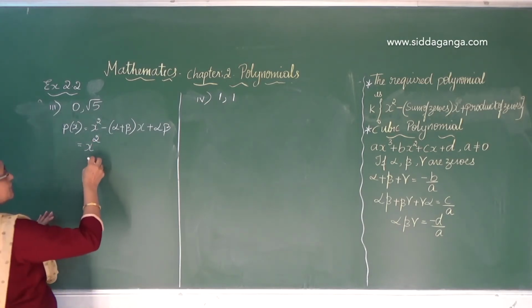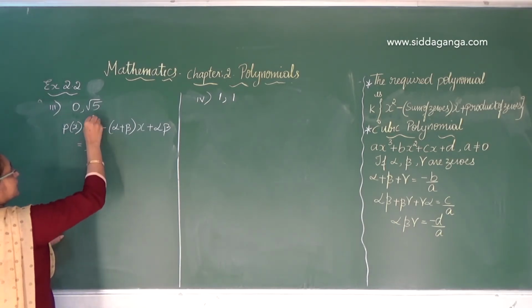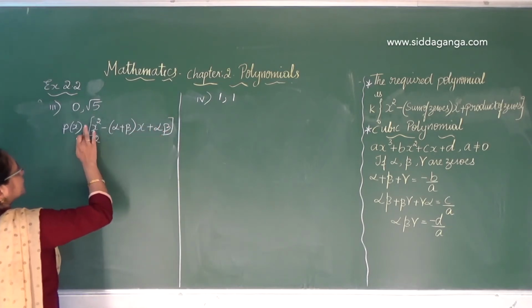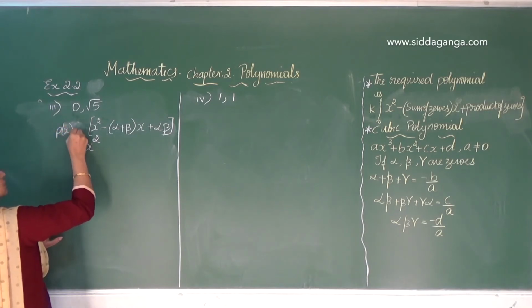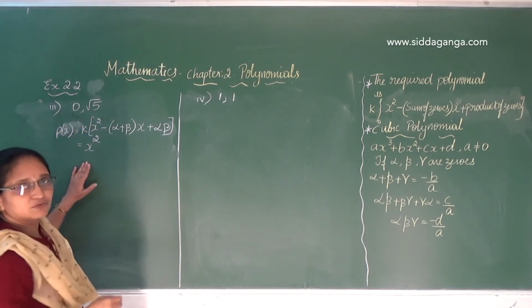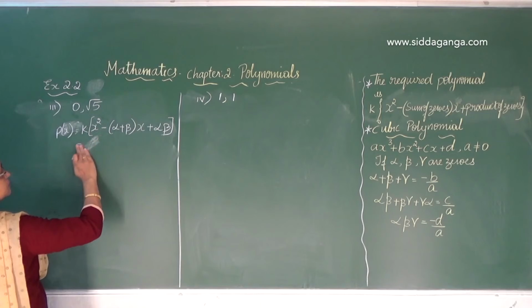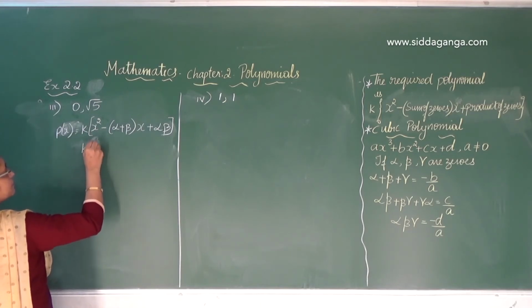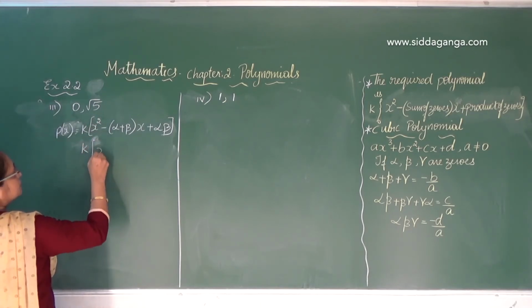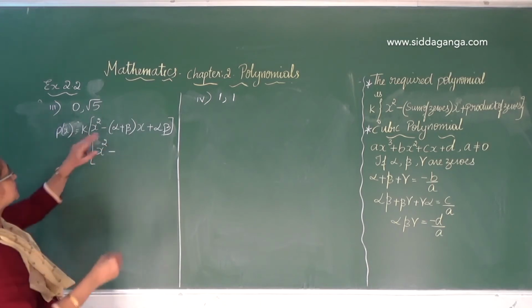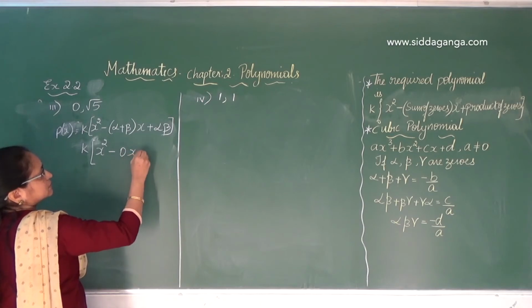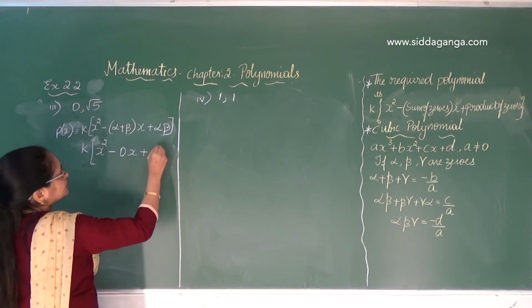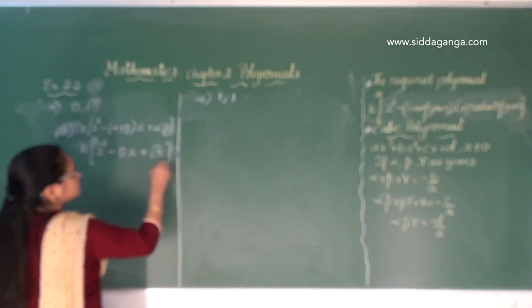Here k is there, so you can take it as p of x equals k, and put the values: x square minus alpha plus beta, which is 0, so 0 into x, plus alpha beta, which is root 5.